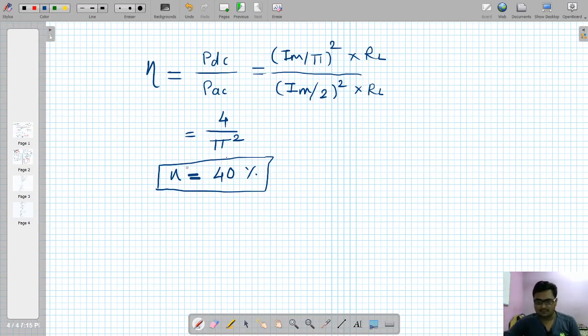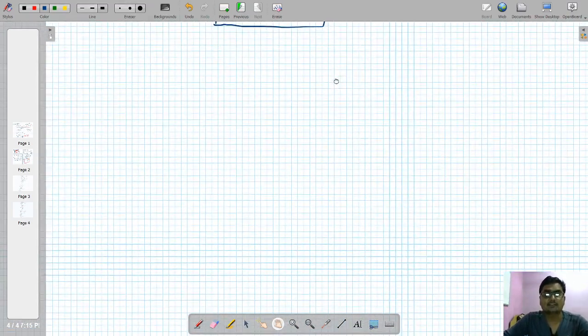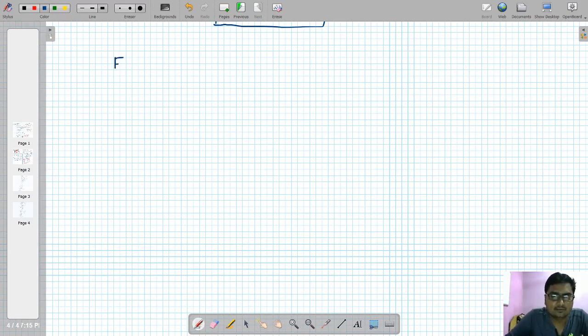Now after that, a few small parameters associated with this half wave rectifier, actually associated with all the rectifiers, we'll see after this efficiency. There is another factor which is called form factor. Let me write that form factor here.